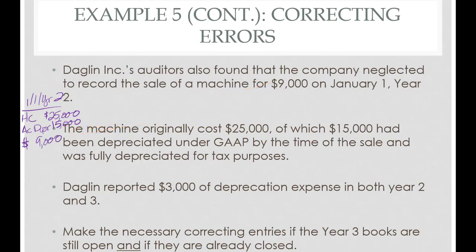In addition, it says we reported $3,000 of depreciation in year 2 and year 3. So we have both depreciation expense and accumulated depreciation that has continued to build over these last 2 years. Now that we have those key numbers, let's take a look at our journal entries, and we'll take a look at what they did on this side.